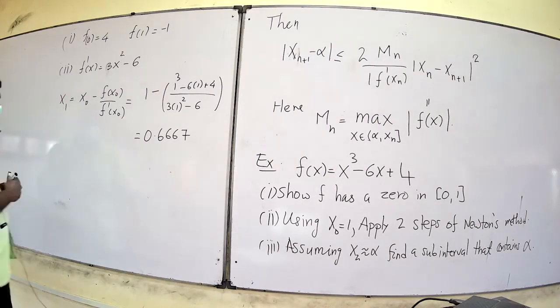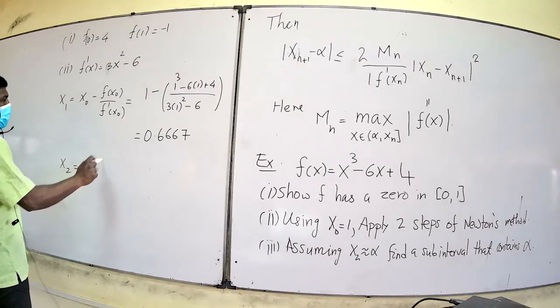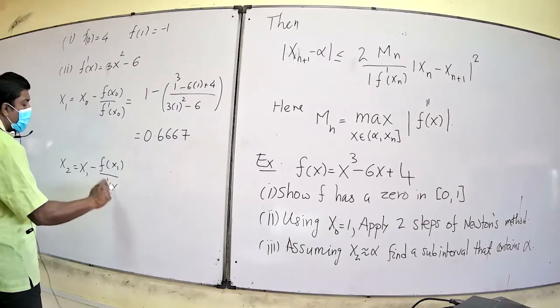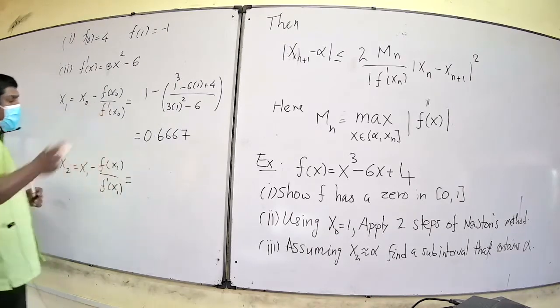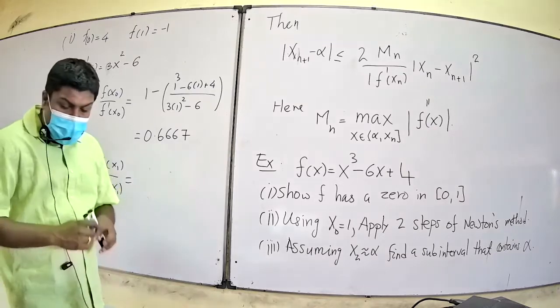So then I compute x2. And x2 is x1 minus f of x1 over f prime of x1. Right? So that again, you can calculate these values. I will leave that part as an exercise and just write the answer.